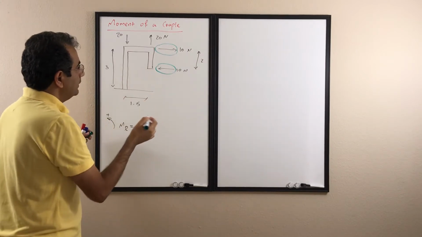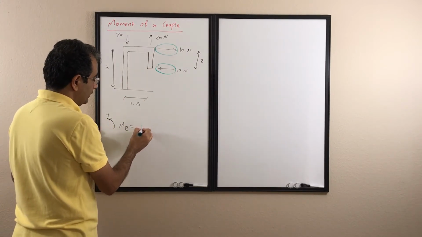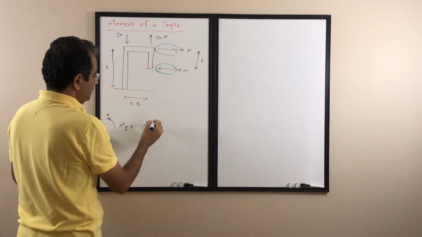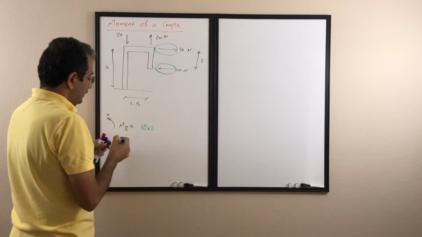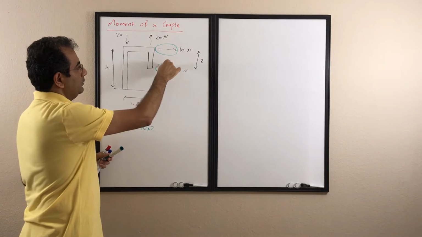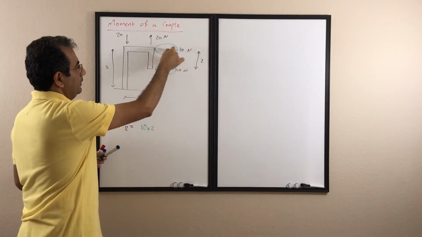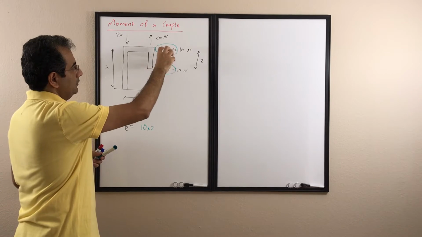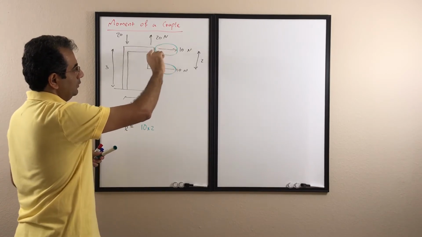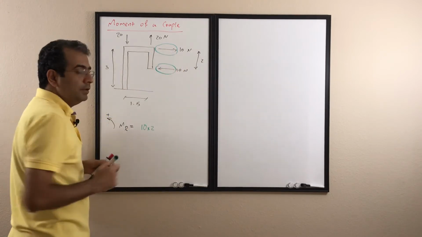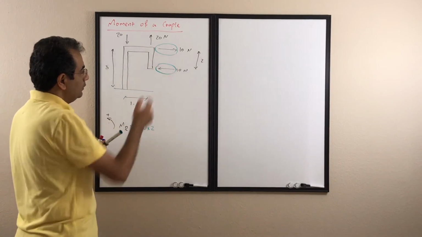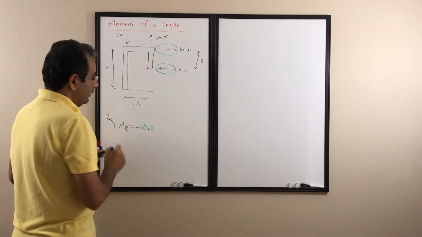The moment they create is F times d, where F is 10 and d is the normal distance between these two forces, which is given. For the direction, if you draw a circle between the two forces, they are going to rotate it clockwise. We assume counterclockwise is positive, so because it rotates clockwise, it's going to be negative.